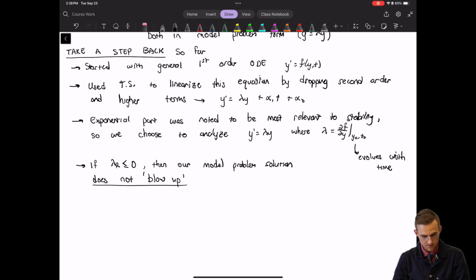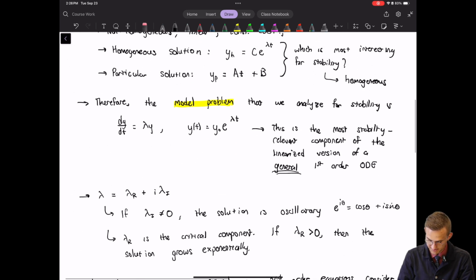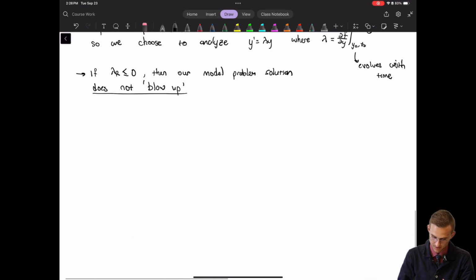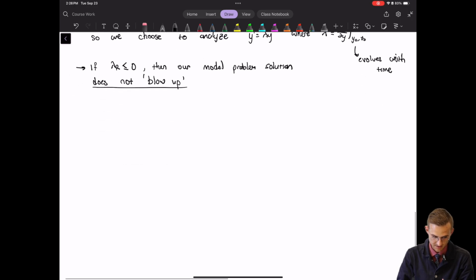So any sort of unstable behavior is going to be captured within that. So cool, that's where we leave ourselves. This is the background for stability theory. It really just did these sort of four observations in a row. That's how you develop it.